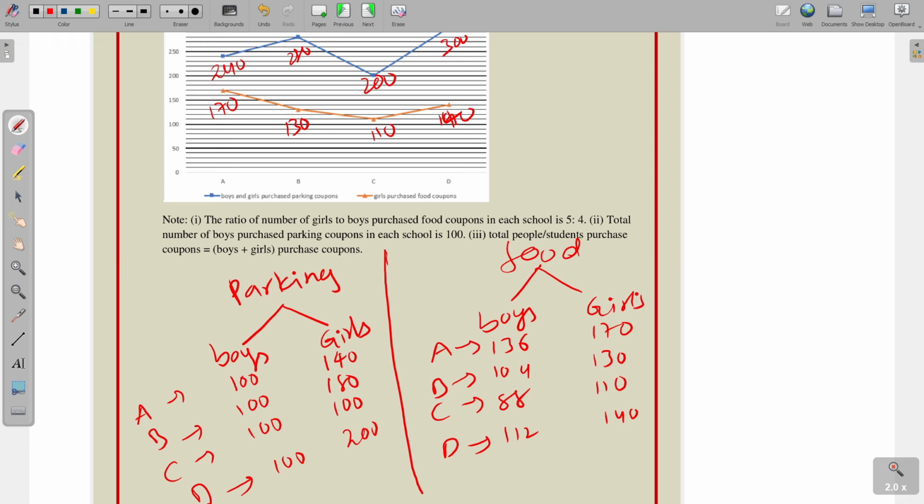So these are the 5 parts, means how to get 4 parts like that. So this is the information they given in the complete graph.